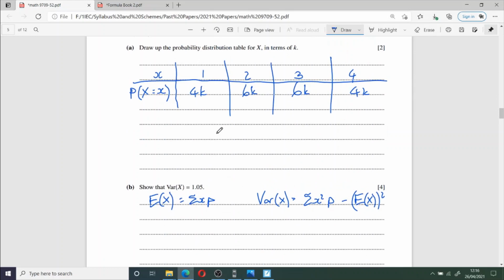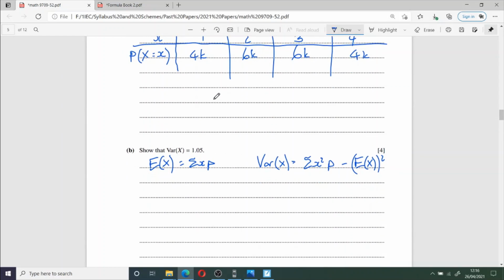Okay, now I feel like it's going to be helpful to use the fact that all of these must add up to 1. So that's what we're going to do first.